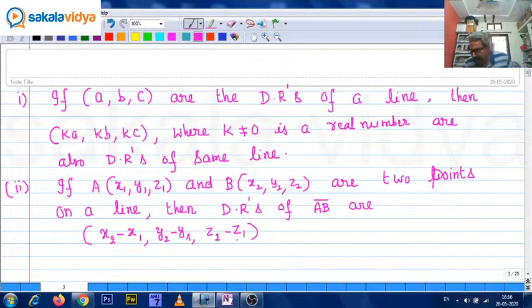So the direction ratios of the line we can find out.